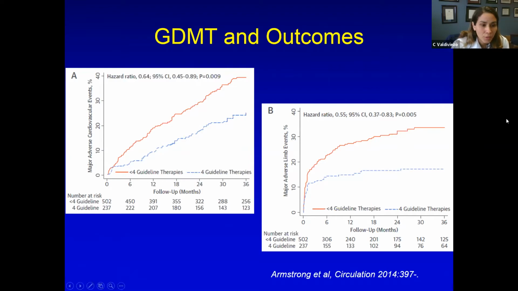And you can see, of course, over time, those who have been better optimized on guideline therapies have much lower major adverse cardiovascular events compared to those who haven't. It's very similar with limb events. If you are not optimized, you have a much higher incidence of adverse limb events compared to those patients who are being optimized on guideline therapies.